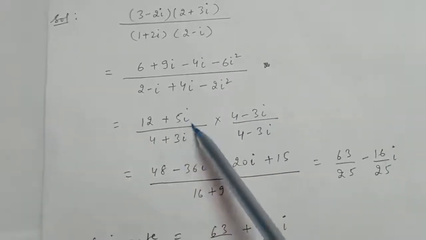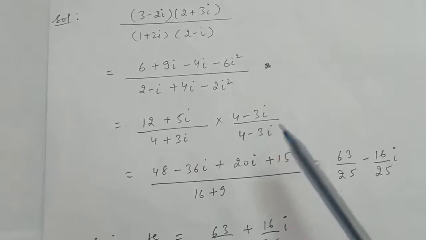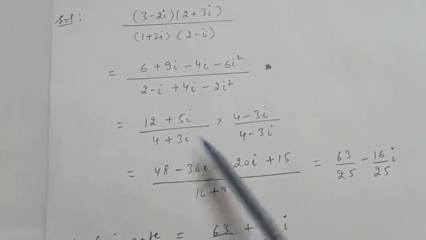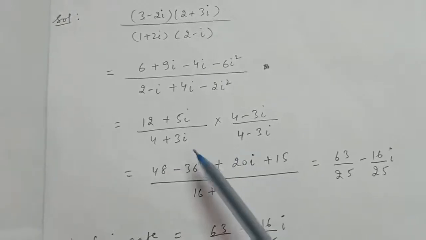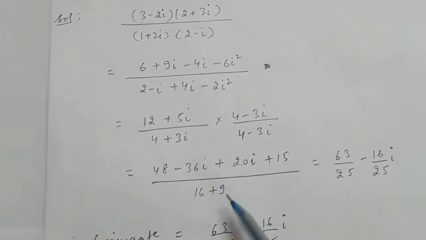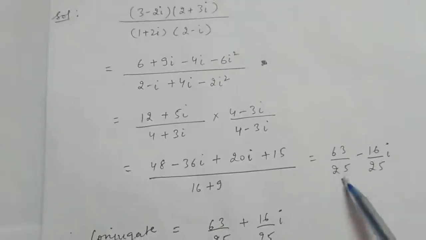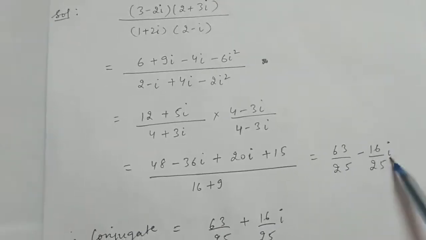So minus 15 into iota square, that will be plus 15. In the denominator you will get 4 square minus 3 iota square, which is plus 9. So you will get 63 by 25 minus 16 by 25 iota.